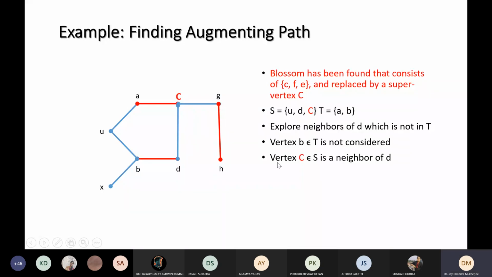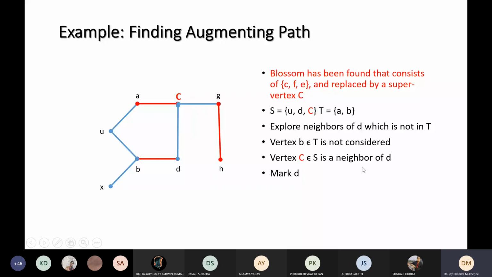D के दो neighbor हैं, एक है B, एक है C. B को मैं consider नहीं करूंगा. I won't consider B because it is already in T. D का neighbor जो C है, I will consider it, but when I am going to consider it, I see that it is already there in S. That means an odd cycle is detected.